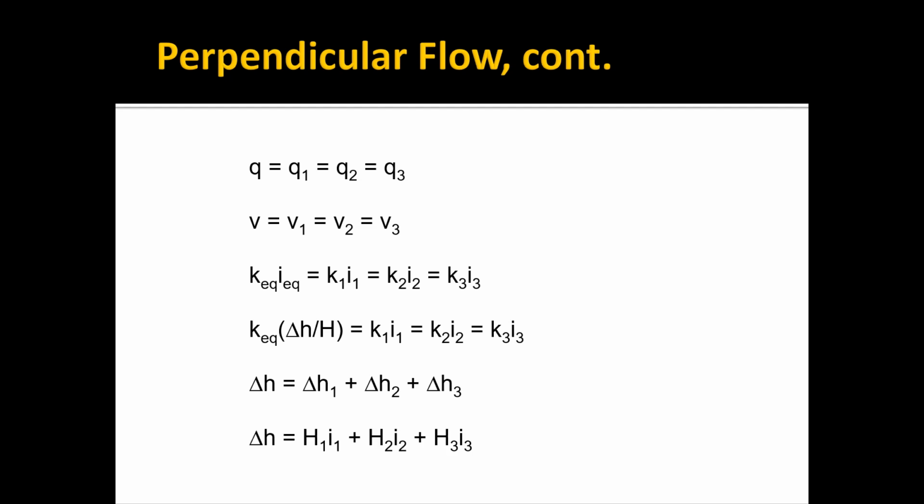And therefore, the head loss in each layer, we can represent that a little differently. So the head loss in layer 1 is equal to the thickness of layer 1 times the hydraulic gradient.